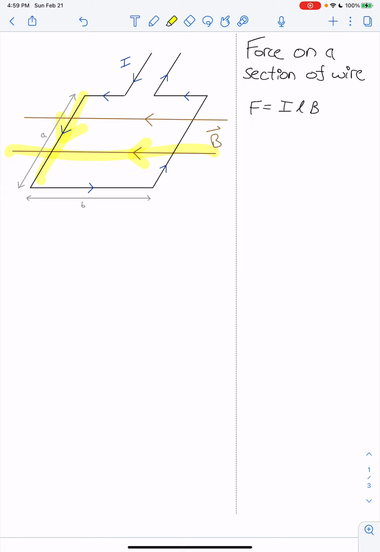We take the cross product from the direction of the current to the direction of the magnetic field, and that gives us a force that's downwards. Let's turn that into red.